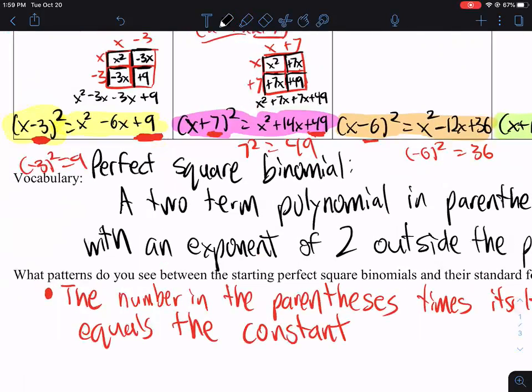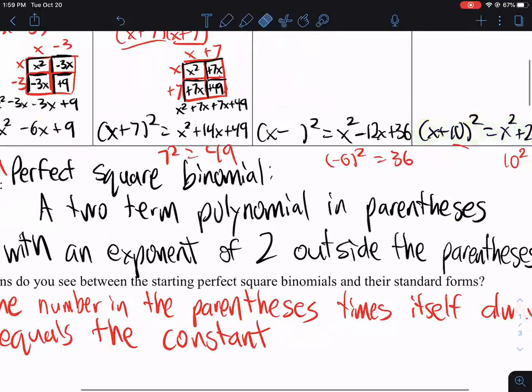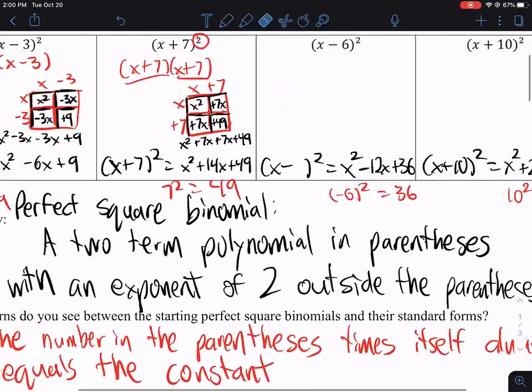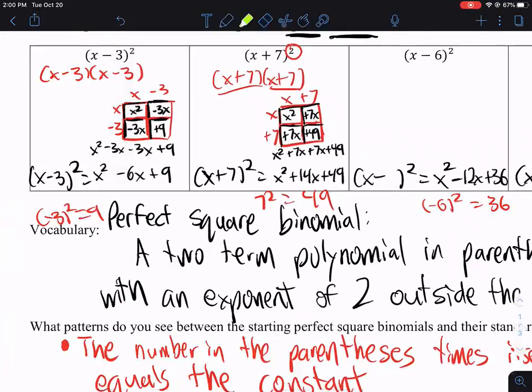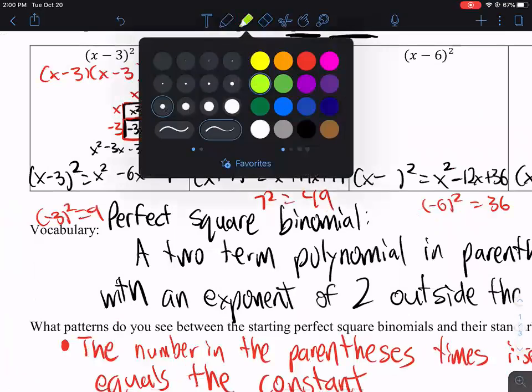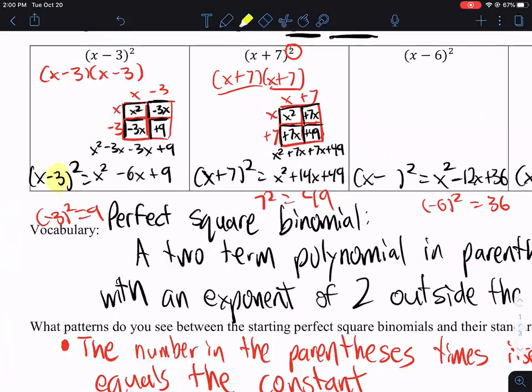So she noticed that, let me erase the red for a second. Okay, so she noticed that if you take that same number in the parentheses, but this time instead of multiplying it by itself, you add it to itself. So -3 plus -3, or if you add it to yourself, you're multiplying by 2.